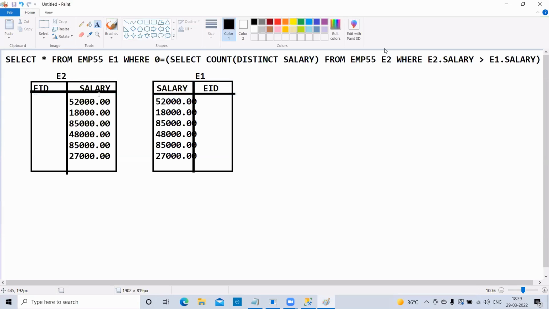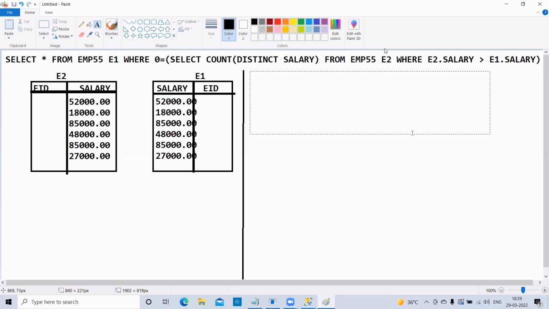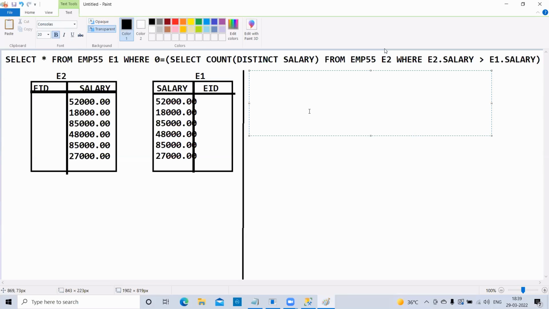So after preparing this E1 and E2, what is my next operation here? My next operation, 0. How did this 0 come? I already explained to you. How 0 came means you are finding the first highest salary.